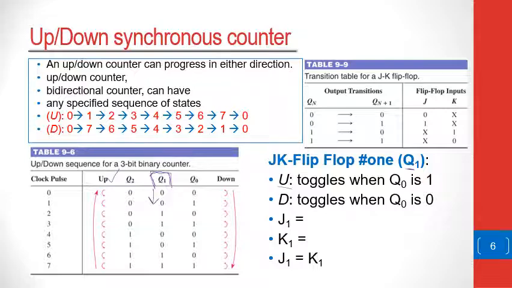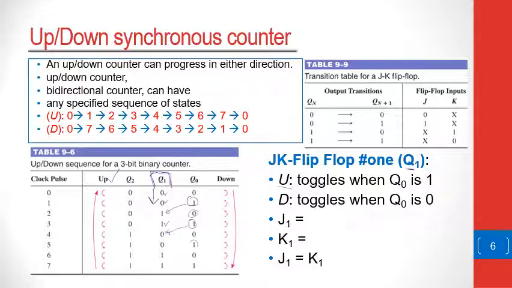Q1 here remains at 0. But the moment that Q0 was 1, Q1 also changes to 1 in the next transition. Here it's 1. Here it will remain at 1 because Q0 was 0. But the moment the previous Q0 becomes 1, Q1 will change to 0.